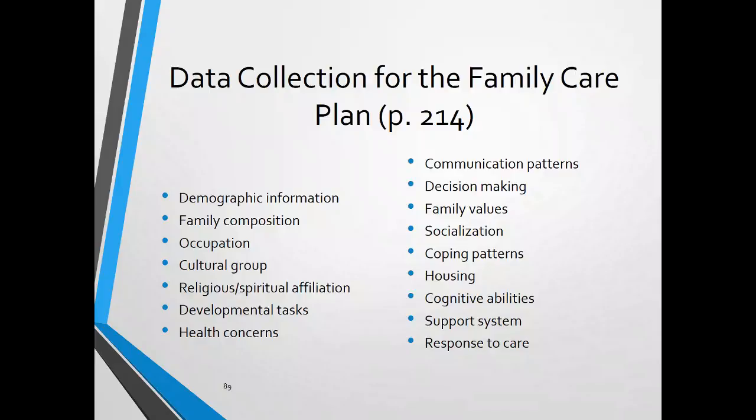So here's some information you want to collect for family care plan. This is going to be postpartum, before discharge. You want to make sure that they have a crib at home, that they have a car seat, that they're going home to a safe environment. So kind of reviewing all of those things going on before discharge.